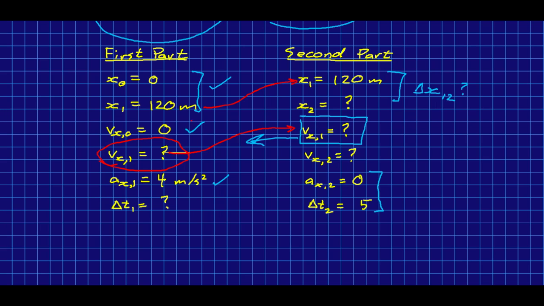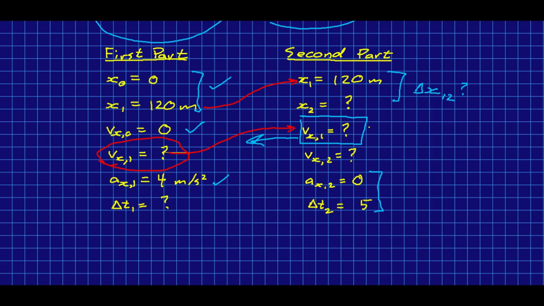So I'm only going to sketch the rest, and you can do it yourself, and I will give you the answer. So the sketch of the rest is we need to choose an equation here. So again, we need an equation that includes these four variables, and it's actually the same one. So you're going to want the one that I've called equation 3, and that's going to get you vx1, and you can bring that over here.